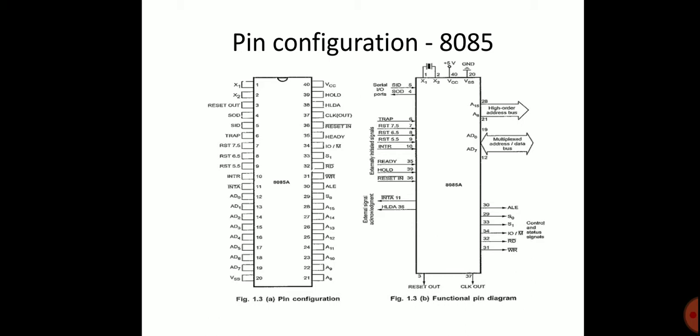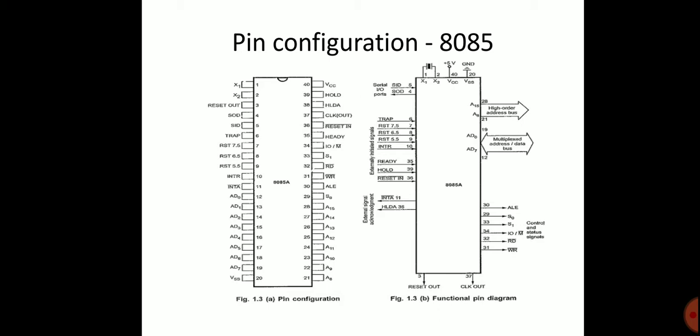Therefore the data bus is an 8-bit data bus and the address bus is a 16-bit address bus. During the first part of the machine cycle, the lower 8 bits of the memory address or input and output address appear on the bus. During the remaining part of the machine cycle, the lines are used as a bidirectional data bus.